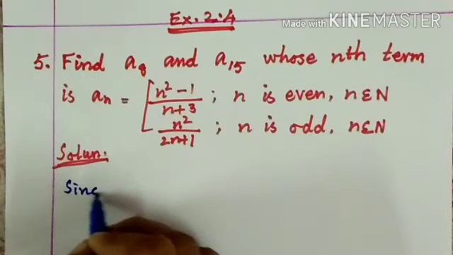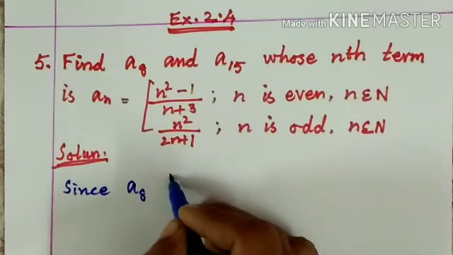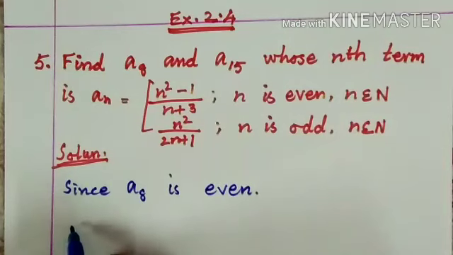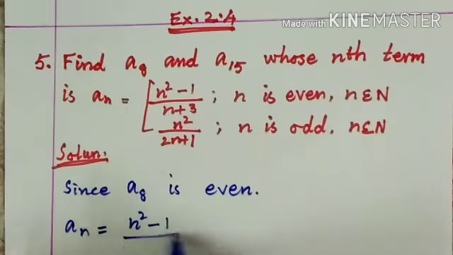Since A8 is even, therefore an is equal to (n squared minus 1) by (n plus 3).